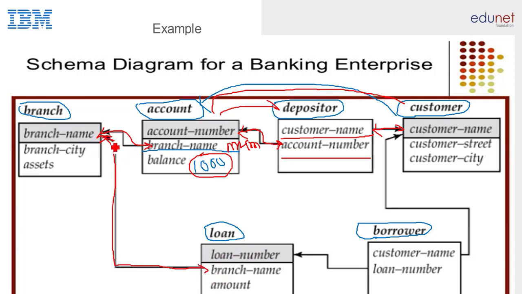This is my relation between the branch table and loan, and the amount may be 1 lakh, 2 lakh, 3 lakh. And the next, the loan account belongs to the borrower. So in the borrower table we say who the borrower is, by customer name. So this is the relation between the tables. This is the relation borrower, and borrower belongs to loan.